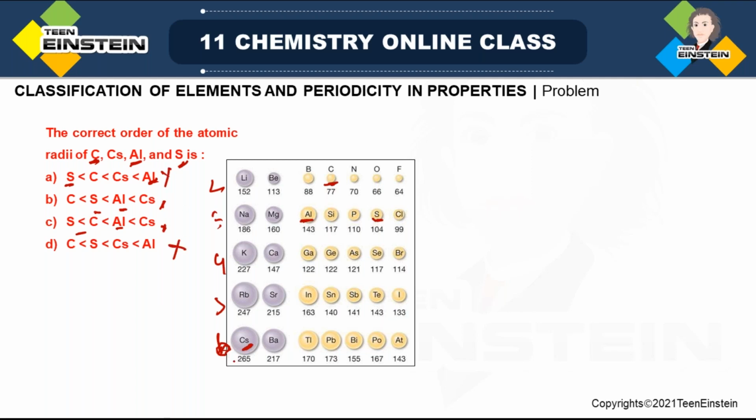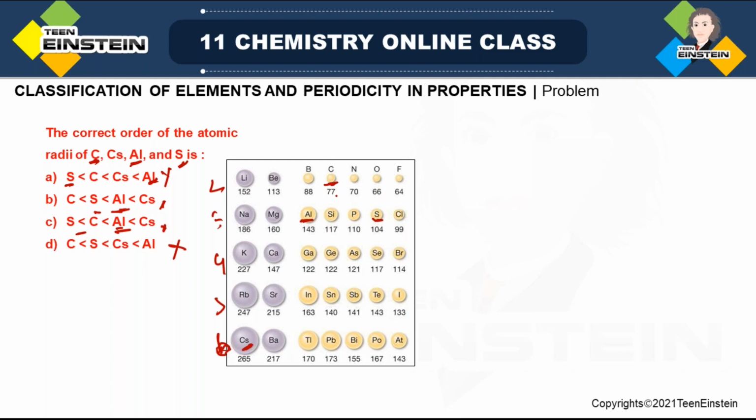Now if these two are correct, after cesium in both options there is aluminium. But after aluminium, is it carbon or is it sulfur? So see, carbon and sulfur, if you compare, that is group wise, there should be increase in size, right? But it is as if diagonal type position.